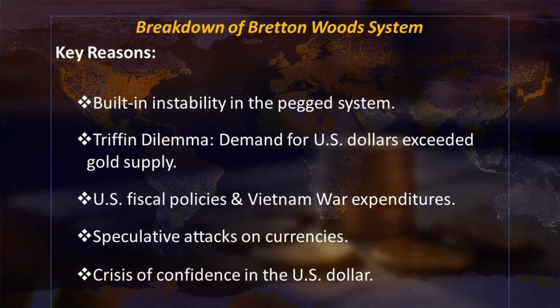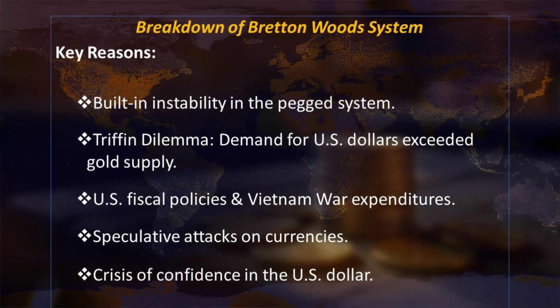Another important cause, considered one of the important causes of the breakdown of the Bretton Woods system, is US policy mistakes. High government spending, such as US government spending on the Vietnam War and the space program, led to further deficit.